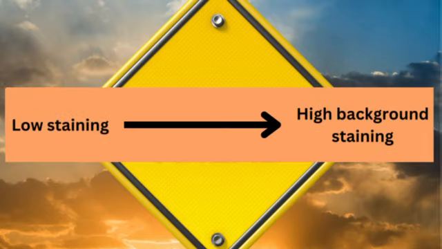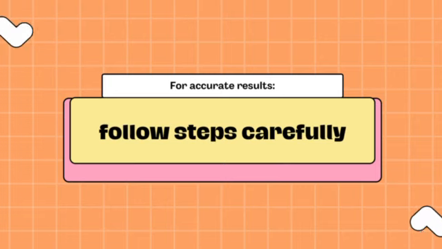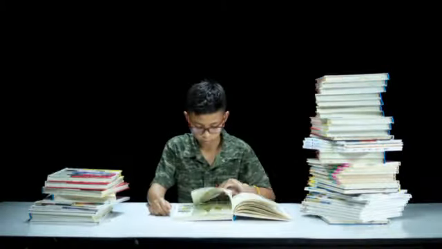Lastly, in terms of challenges, there are many, ranging from low staining to high background staining. To combat this, make sure that you are following the steps carefully and paying attention to how you prepare your sample and use your chemicals. This helps ensure you get accurate and useful results.